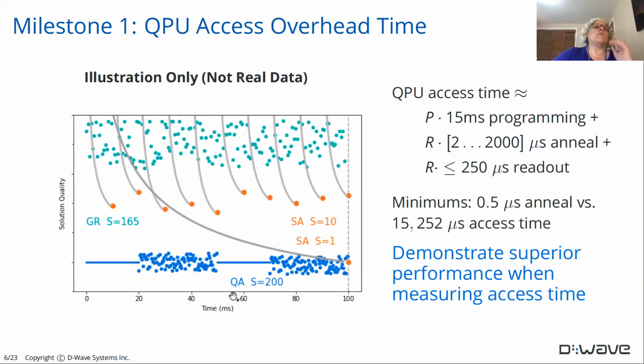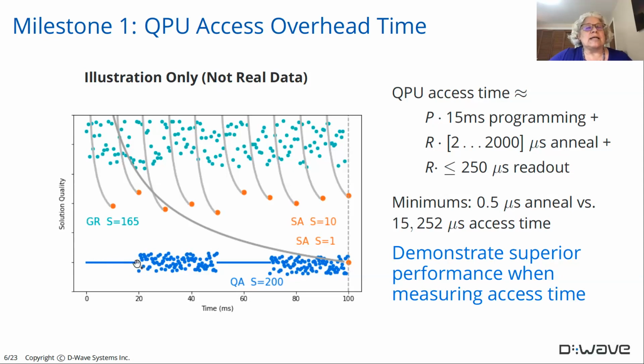So what is milestone 1? This on the left here is a diagram that I just made for illustration purposes. This is not real data. Your mileage may vary. But basically, we have this idea that programming time on the Advantage system was about 15 milliseconds, and my diagram shows 20 milliseconds.